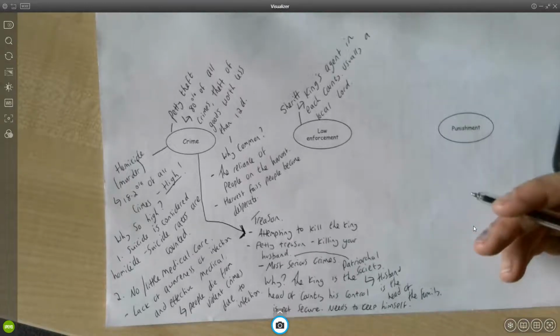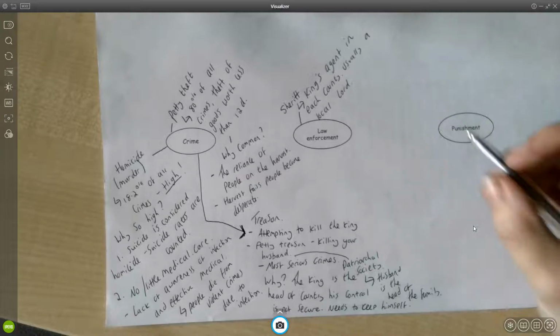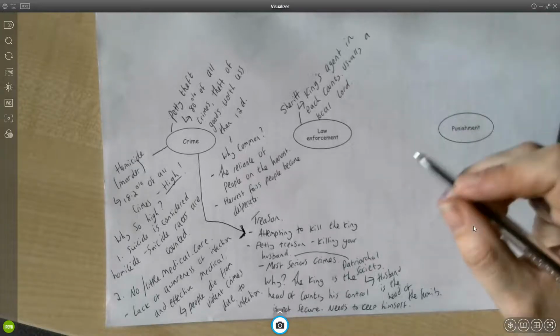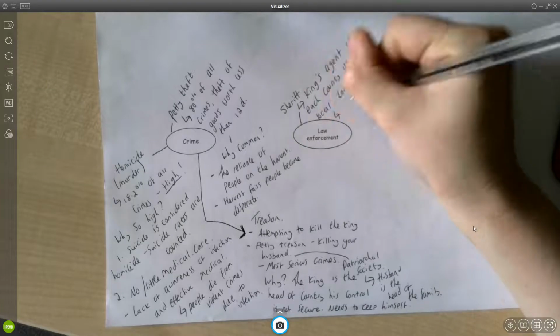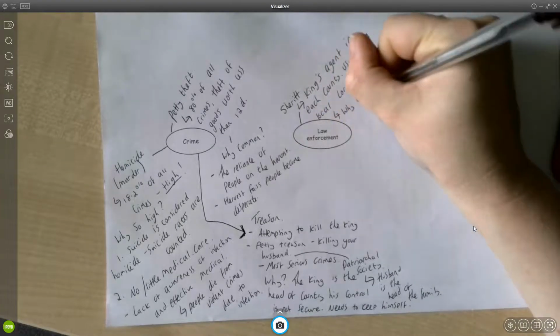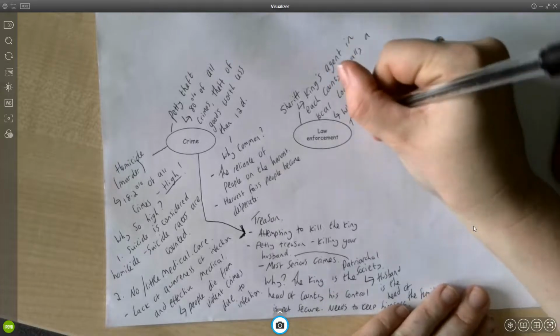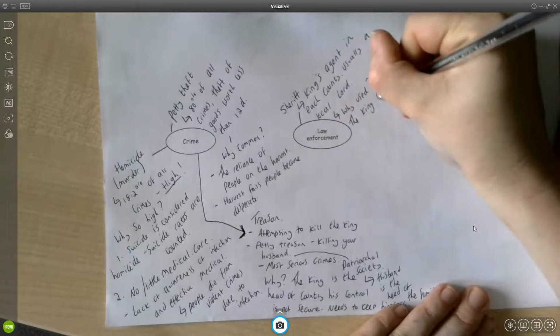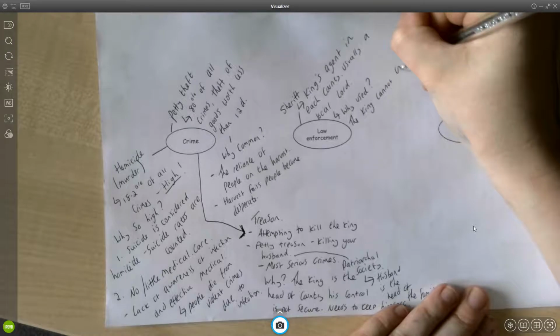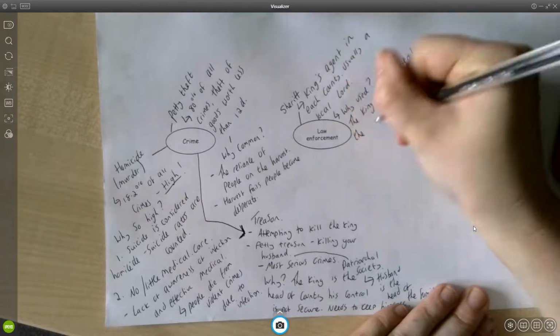And he also collects the fines for the king. Now, why do we have this sheriff who's a local lord? So we're going to look at why are they used. This is because the king cannot control the country on his own.